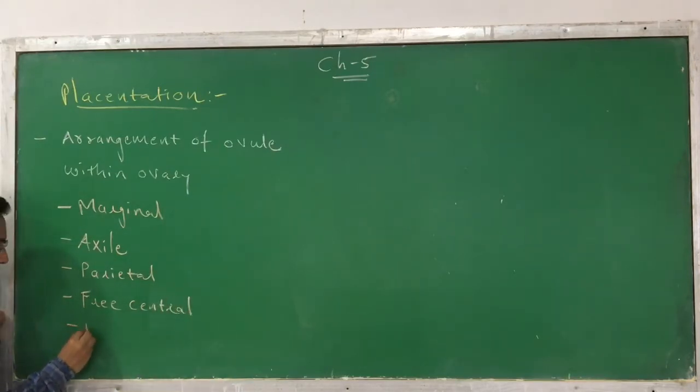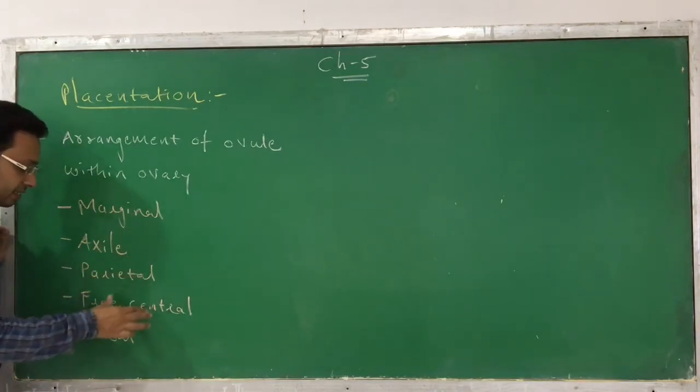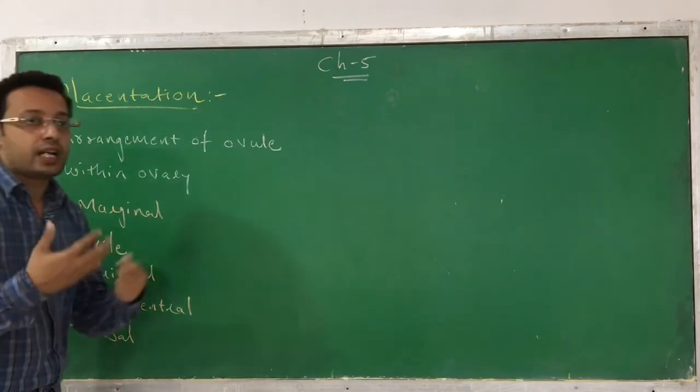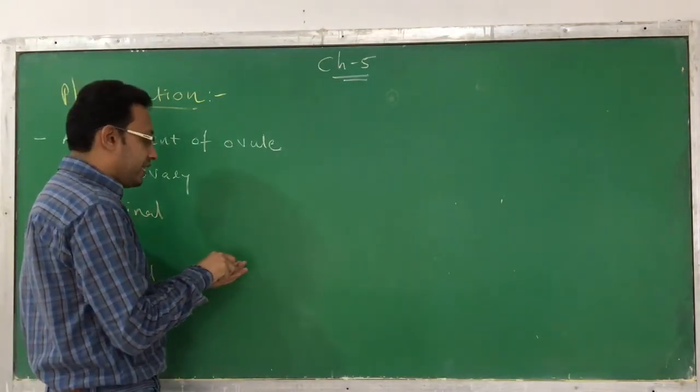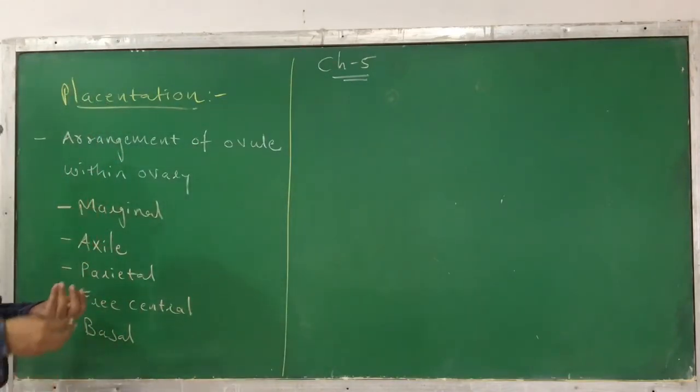And the last kind of placentation is called basal placentation. So these are the 5 different kinds of placentation you can find: marginal, axial, parietal, free central, and basal. We will discuss each one, how the ovules are arranged in each case. So let's start with marginal placentation.